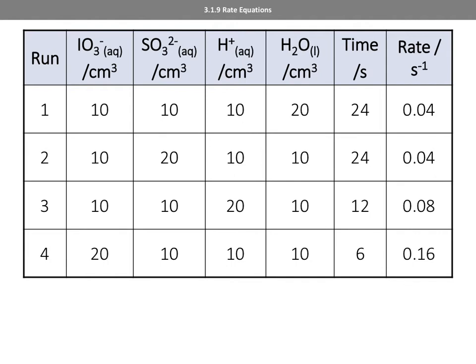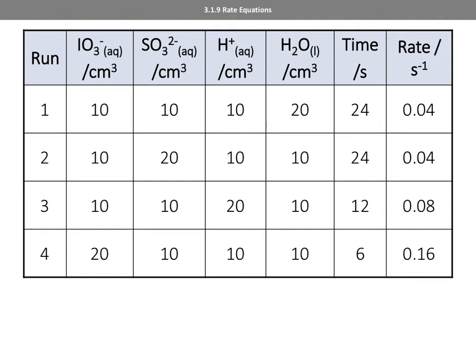So we've converted the time taken into a rate by doing 1 over time. You'll notice that there are differing volumes of the iodate ions, different volumes of the sulfite ions, and a different volume of the acid as well. And there's a 4th column here, which is water.